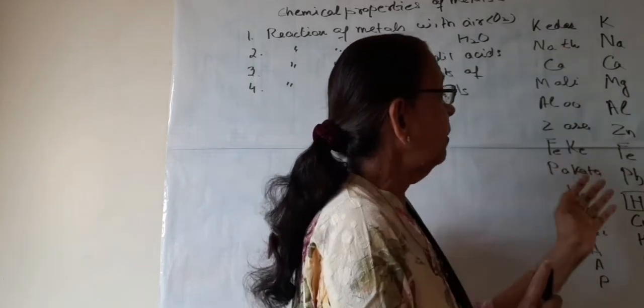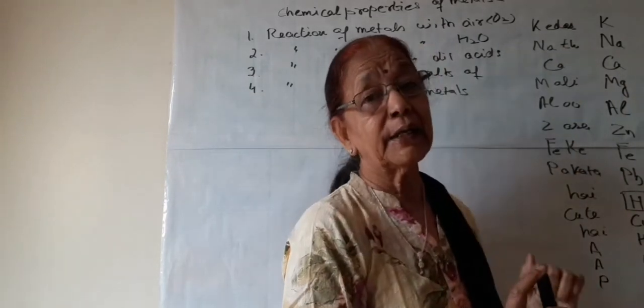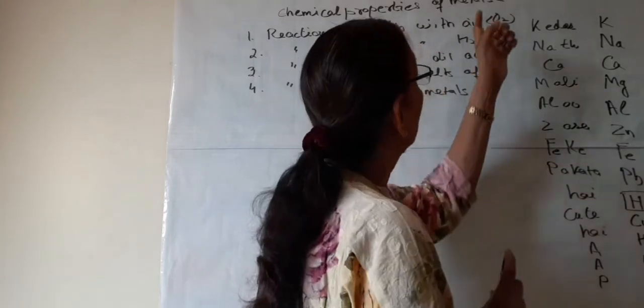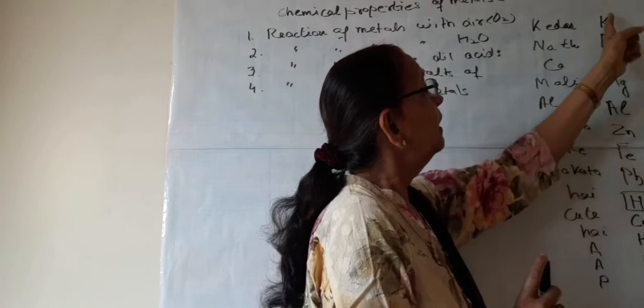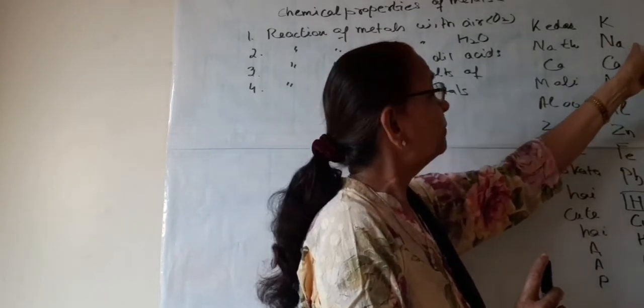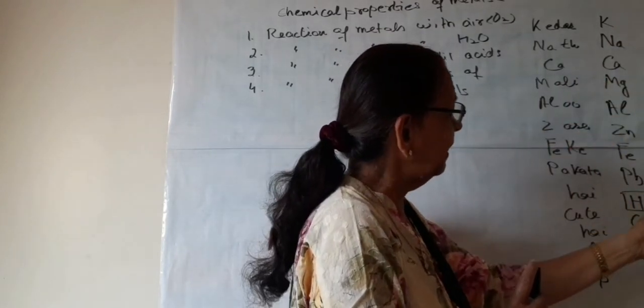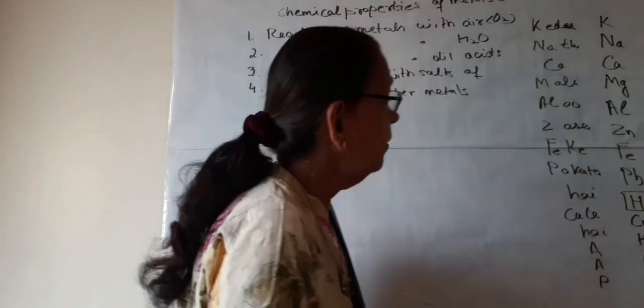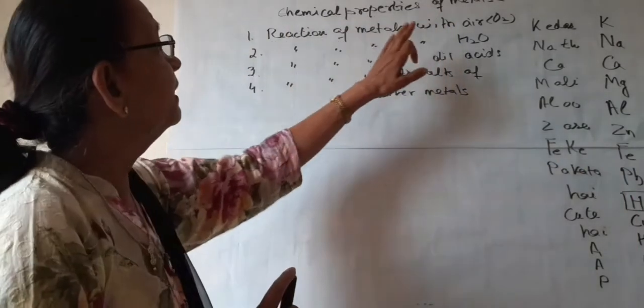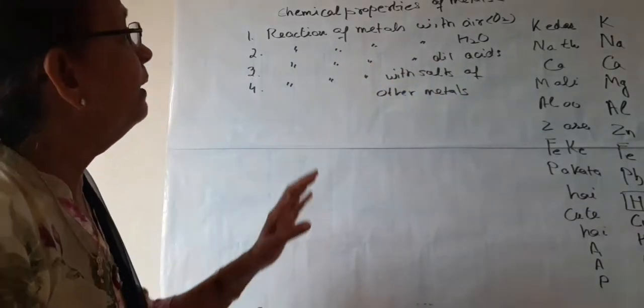So this is about the reactivity series. With all these, air, water, acids, some metals react vigorously, some react mildly, and some do not react at all. Now we will take all these reactions one by one.